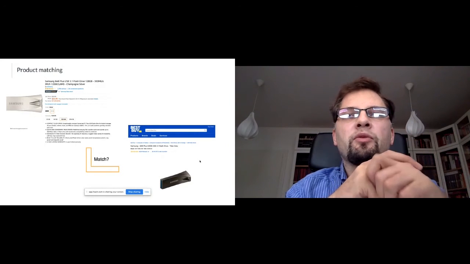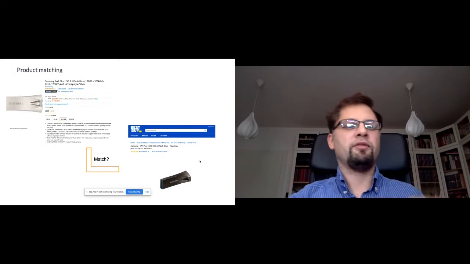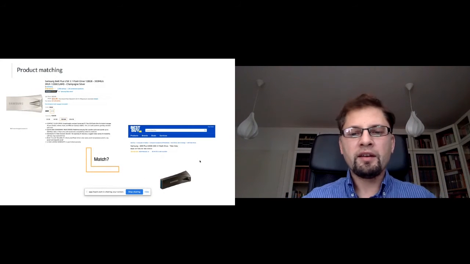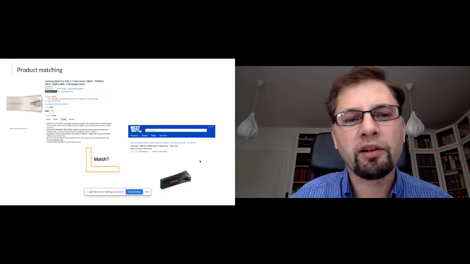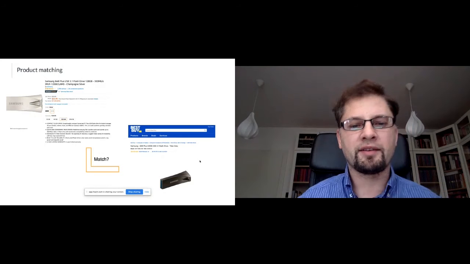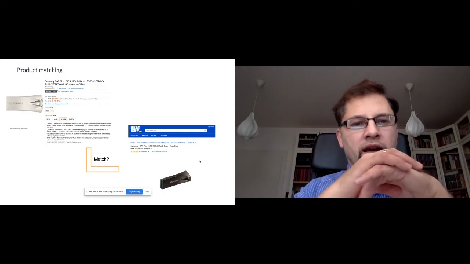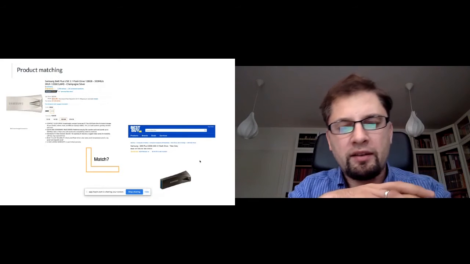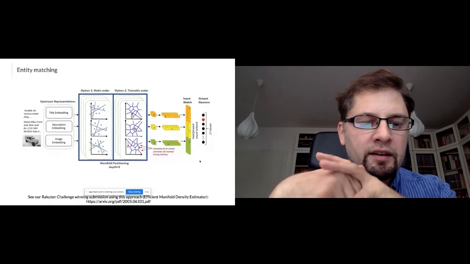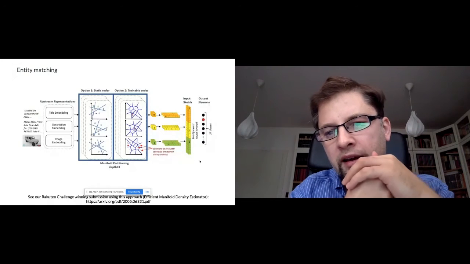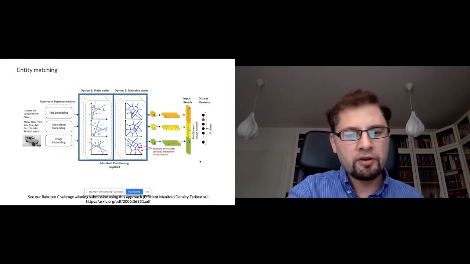So what we are doing as well is product matching, which is essentially a very complex task if you consider it more closely. Someone who has looked for some specific model of laptop maybe will understand how daunting this task can be. Essentially, it's a problem of entity matching. So matching a product with different types of data. We have also developed our in-house approach to that, which is called efficient manifold density estimator.